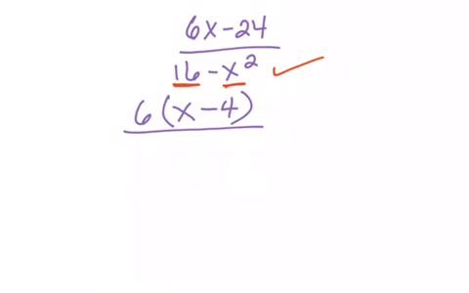All right, so the difference of squares means something plus something times something minus something. So this is going to be 4 minus x times 4 plus x, and you'll notice that there's 4 minus x and 4 plus x, but there's no x minus 4.